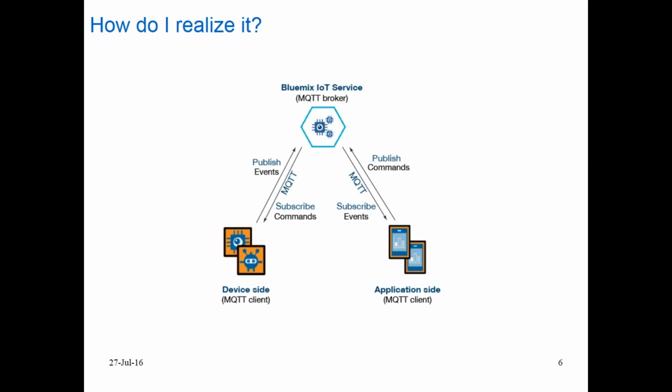That is, it acts as a broker. The device will send a message, and this broker will in turn pass this message to all the applications which require that message. That is the difference between an MQTT broker and a server.